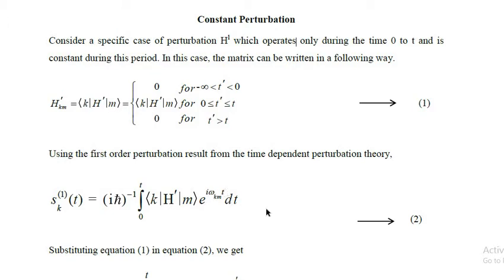Now substitute equation 1 in equation 2, that is instead of t we are going to substitute t prime, because we have considered t prime as the time period during the time 0 to t.